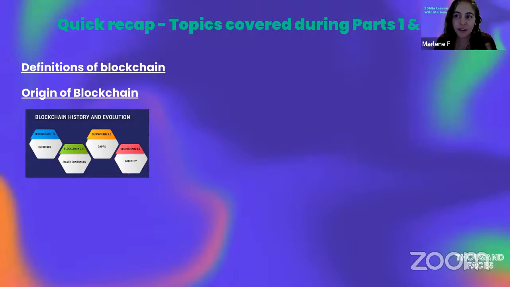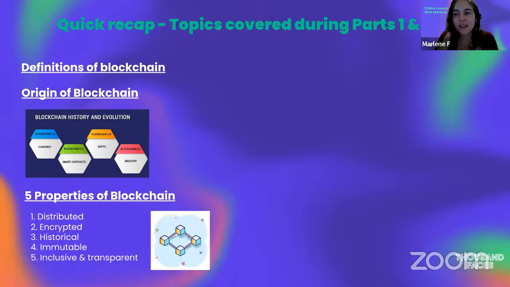In fact, one of its uses, Bitcoin and cryptocurrencies, was the origin of creating this technology that is so helpful for today. And we've seen different ways in how this technology will be used. And we looked at 5 properties of blockchain. So it's distributed, encrypted, historical, immutable, inclusive, and transparent. So this is what we've seen in the last part 1.